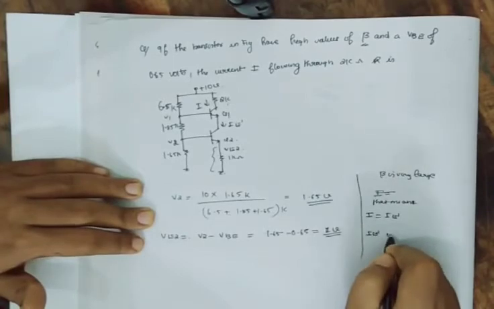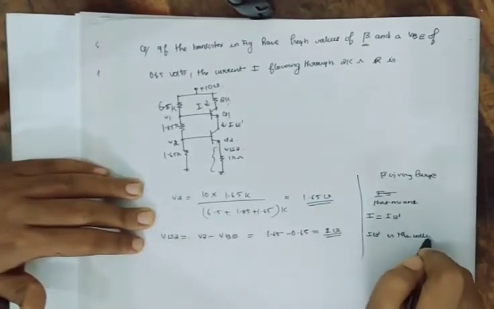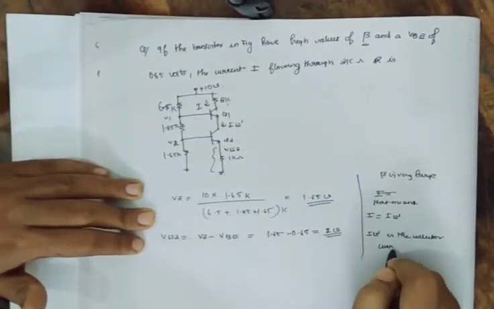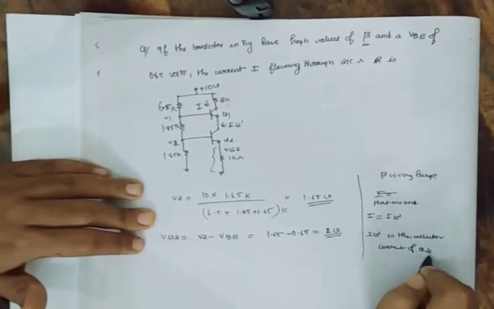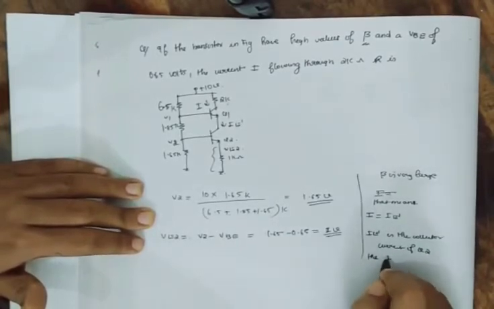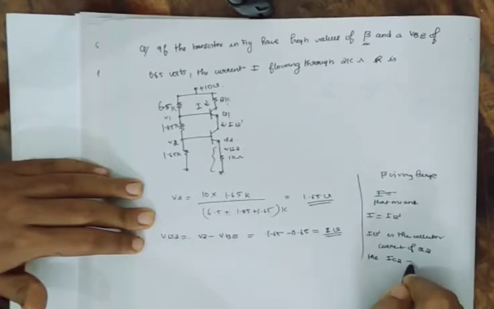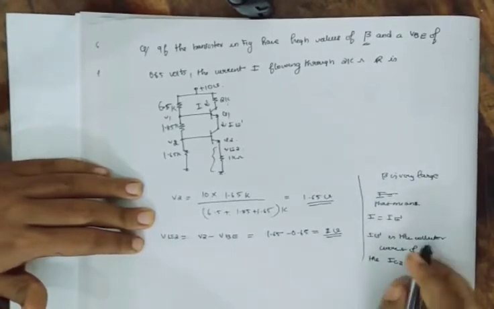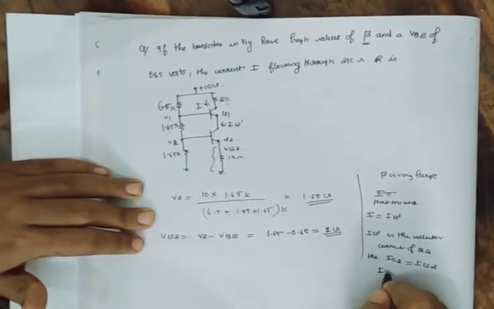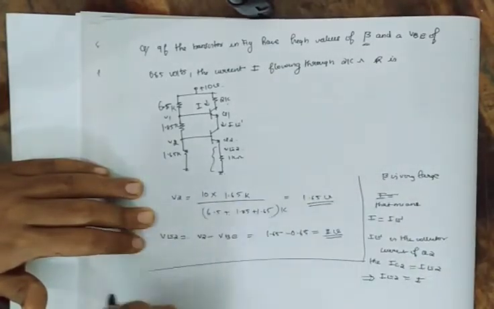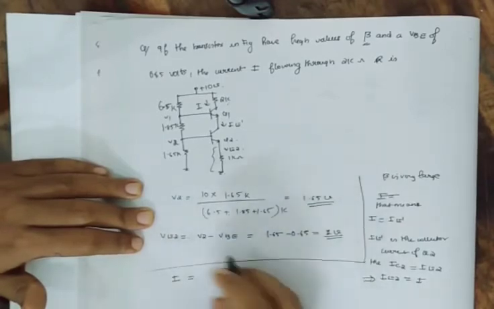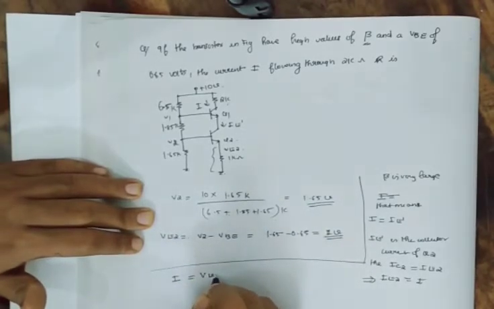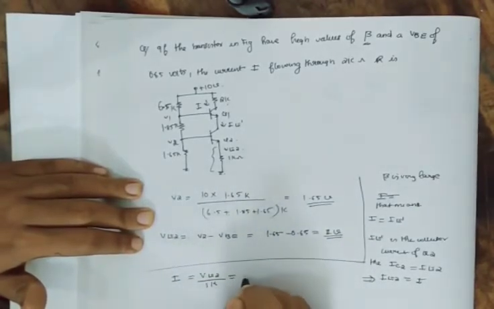IE dash is the collector current of Q2. Then IC2 equal to IE2, that is IE2 equal to I. So to find out I, the formula is VE2 divided by 1K, that is 1 milliampere. So the answer is 1 milliampere.